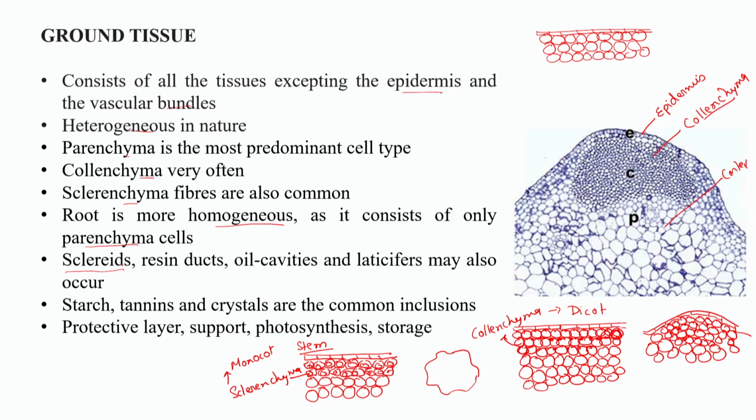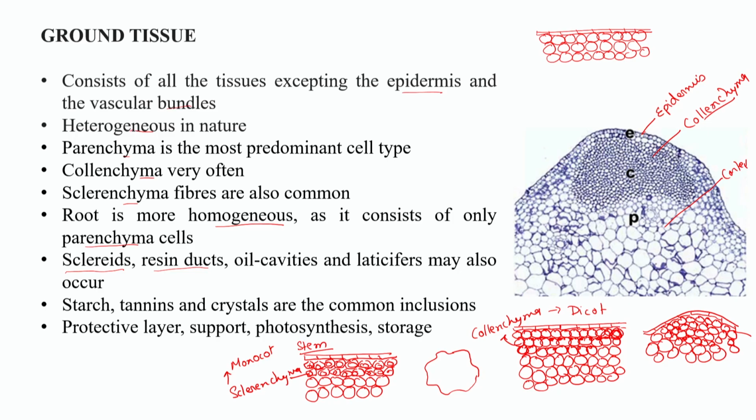They will also provide mechanical support. Along with that, there are special types of tissues that we will also study, like some ducts and some glands. Resin ducts secrete resinous compounds, sticky substances. So they are also present in ground tissue.